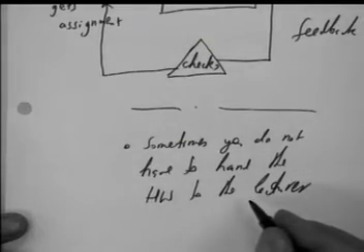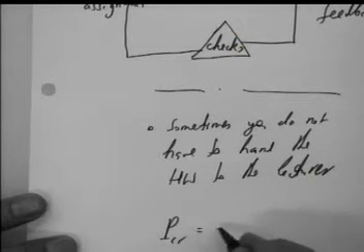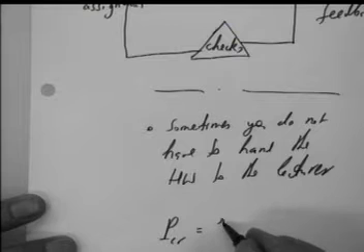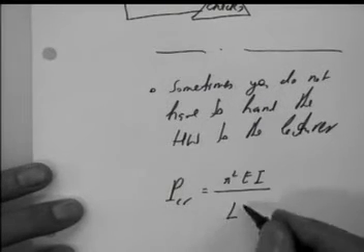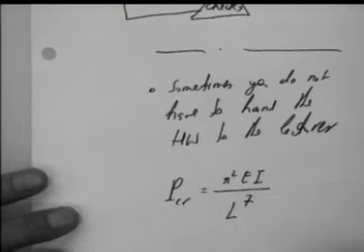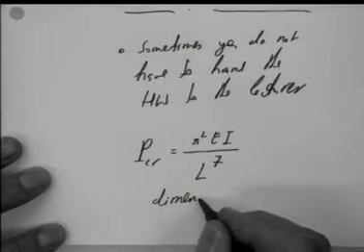What does it mean, you do not have to hand it in? For example, if you get P critical equals pi squared EI over L to the 7th power, probably such a homework you don't have to hand in because the dimension is not good.